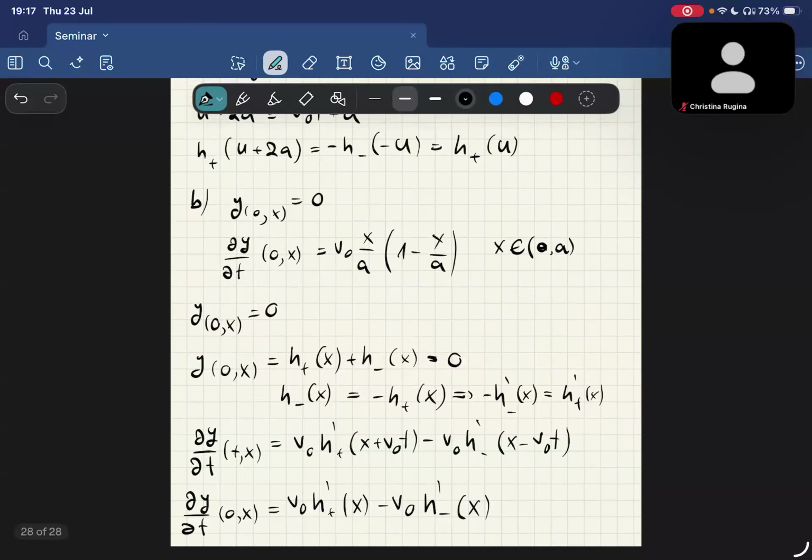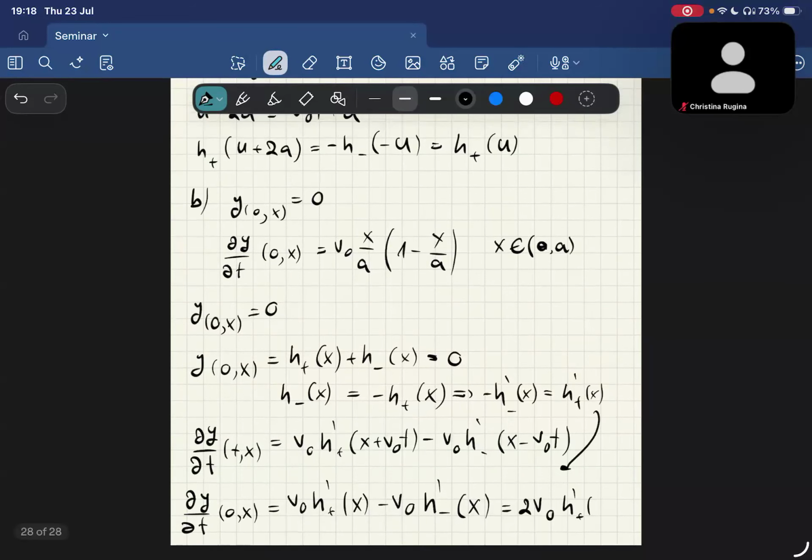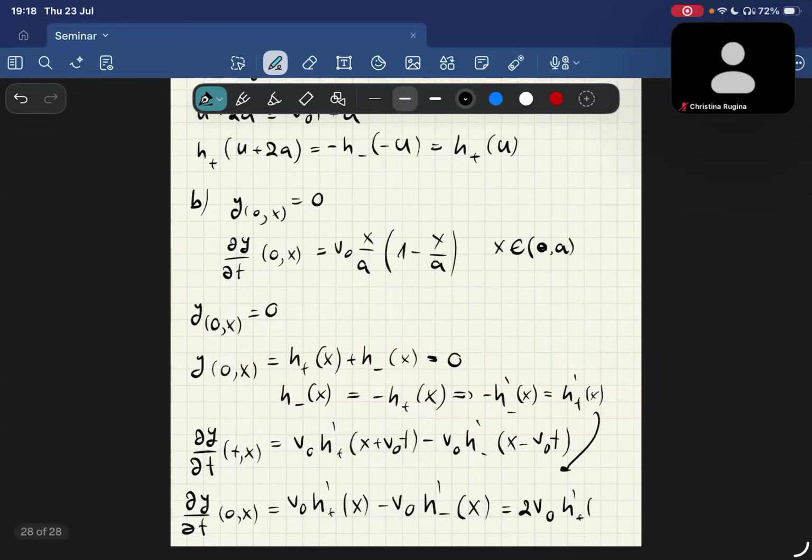Okay, but if we replace this in this relation, we get 2v0 h plus derived in terms of x.